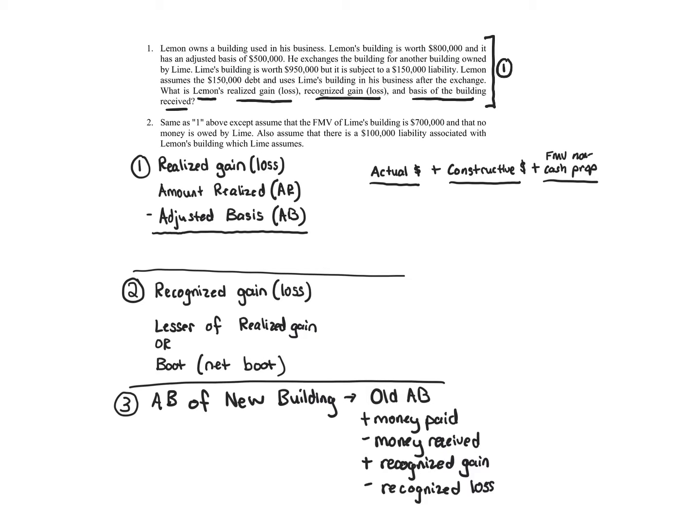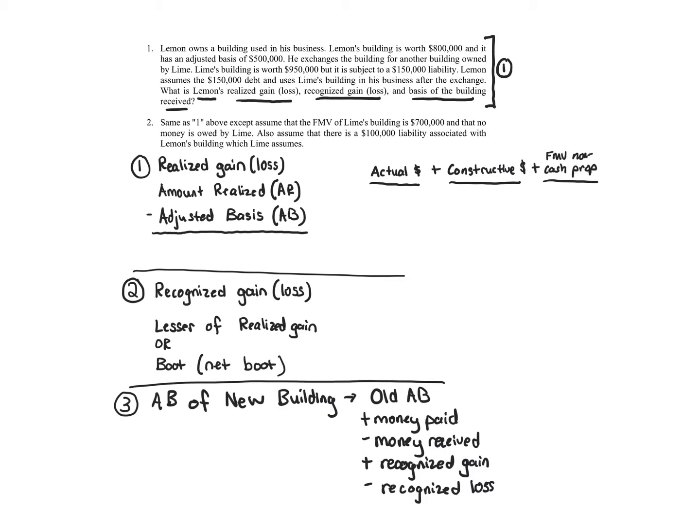Okay, so we go to the amount realized calculation, and we're focusing on lemon again, not lime. So we first start off with actual cash. Again, let's read problem 2. Same as 1, except assume the fair market value of Lime's building is $700,000 and there's no liability owed by Lime on Lime's building.